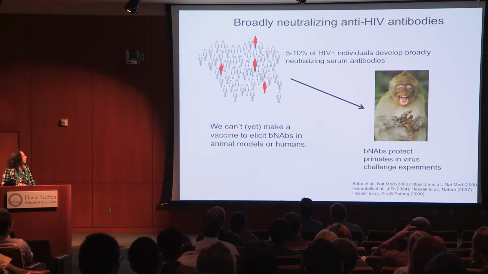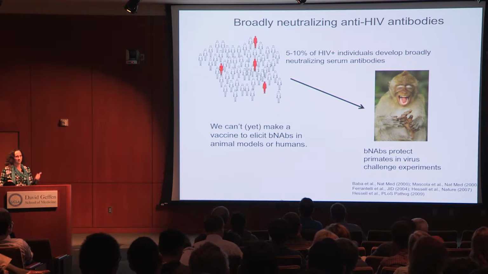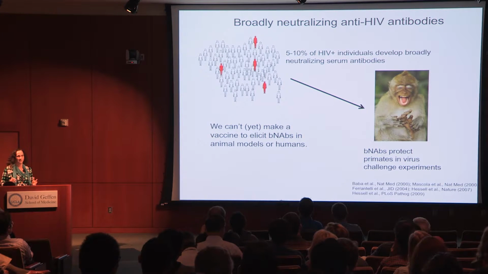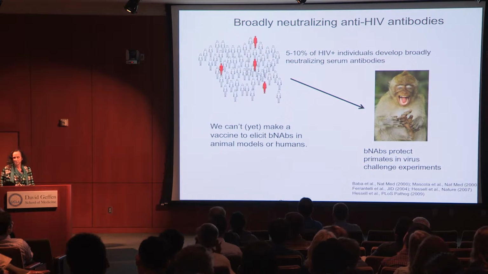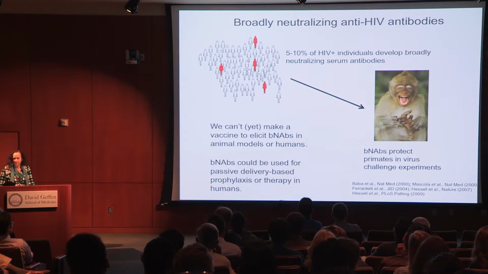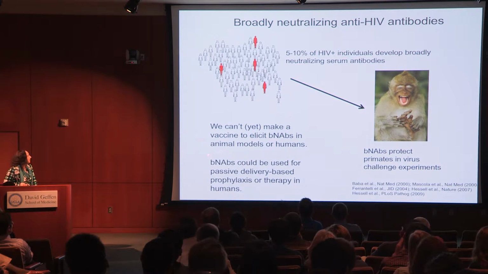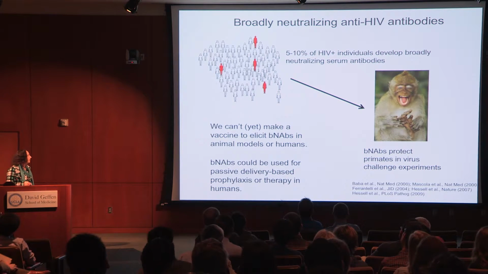But no one has yet figured out how to make any kind of immunogen that, when you inject it, raises broadly neutralizing antibodies. You can inject things that raise strain-specific antibodies, but as I said, that's not going to do people any good.